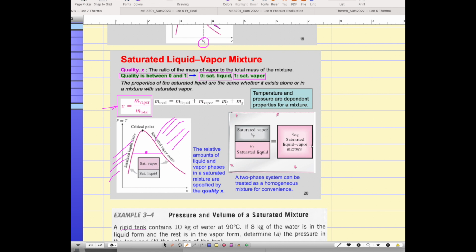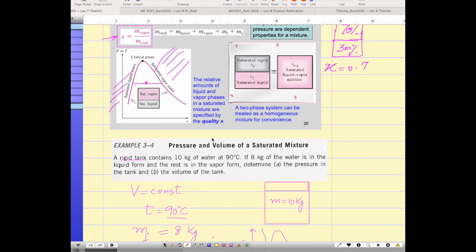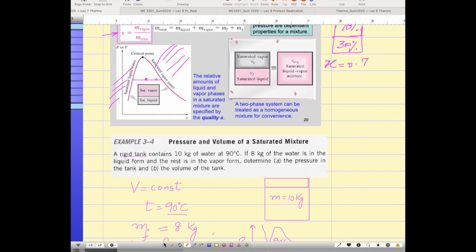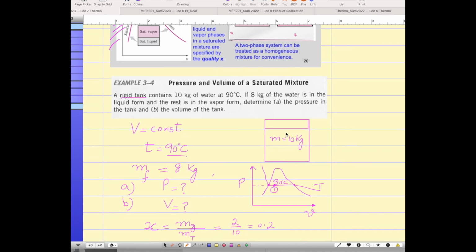If I tell you x equals 0.7, this means that in the whole container, 70% is vapor and 30% is liquid. The marking will be near the dry saturation line because it is close to the gaseous phase.